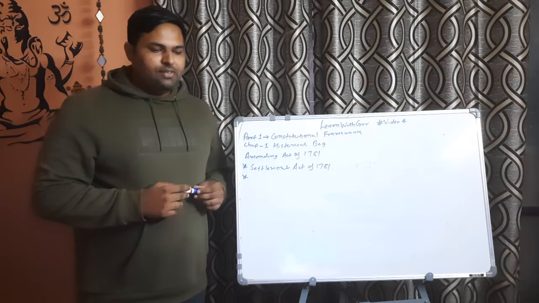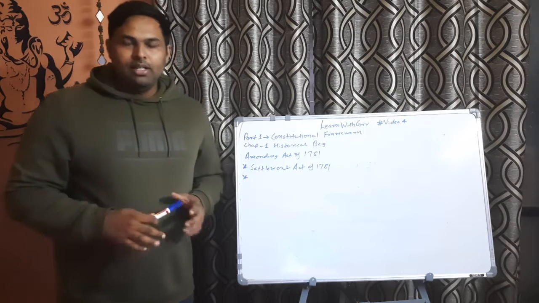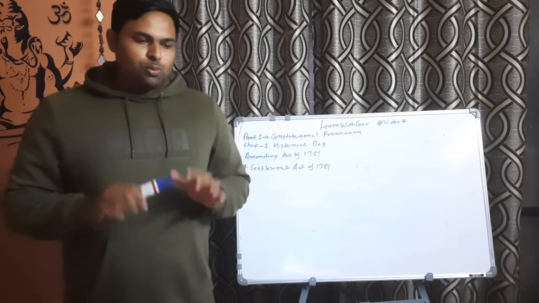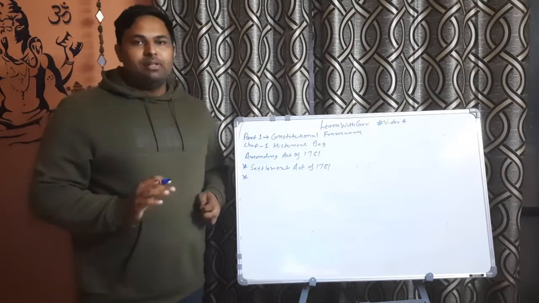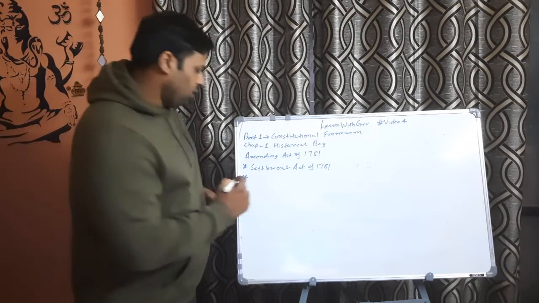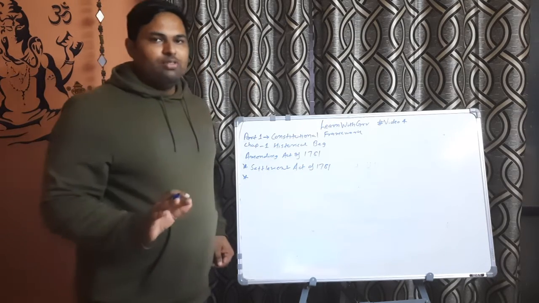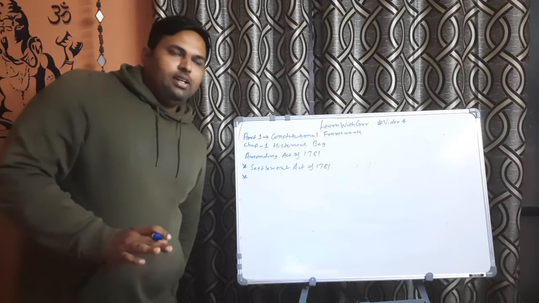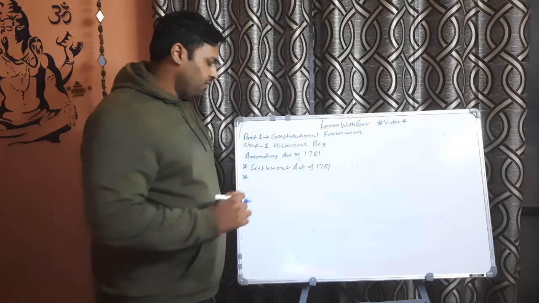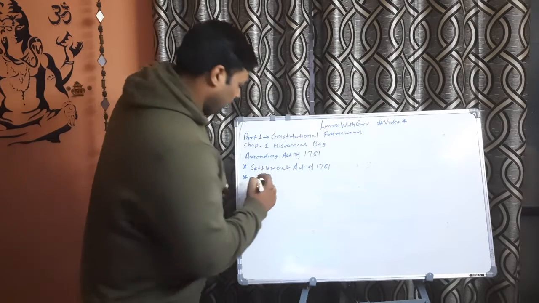One of the key features was that it exempted the Governor General from the jurisdiction of the Supreme Court, and it also exempted the servants of the company from the jurisdiction of the Supreme Court. So this was the first point. You don't have to take notes because I will be attaching in the description the link for the Google Drive where you already have the notes, so you can just listen.